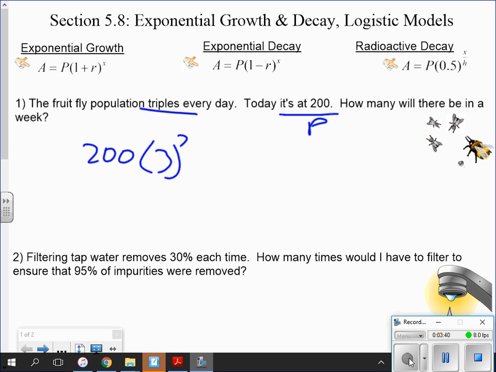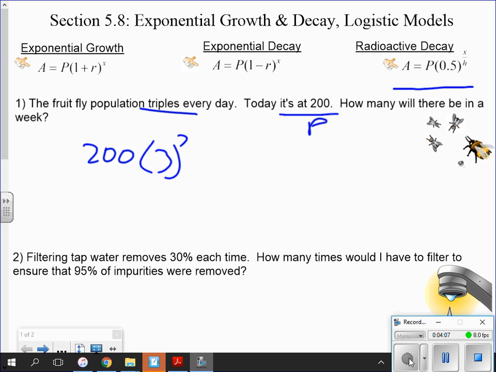It's 3 to whatever that power is, however many days or whatever the time unit is. Let's say it's something that doubles every hour. That would be 2 to the T, and T would be measured in hours. This is actually very similar to the half-life problem, only instead of half each time, it's 3 times each time. So this model actually follows this one more closely than it does the other two.